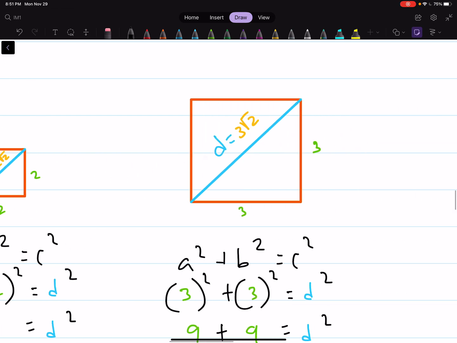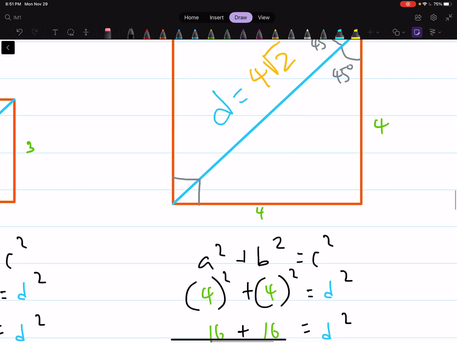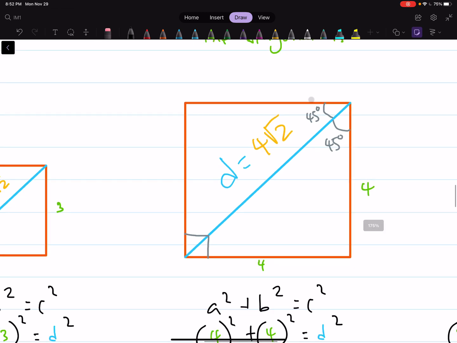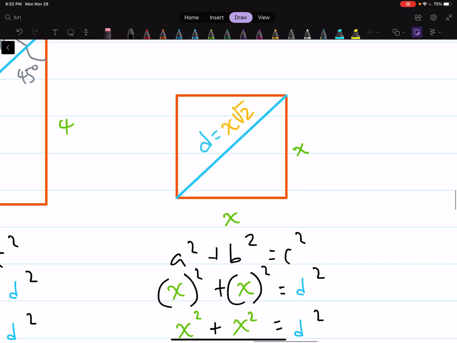Right? That's the pattern. The length of the diagonal is the length of the leg times square root of 2, 4 square root of 2. So this is the conjecture, or the rule, that we can find with 45-45-90 triangles.